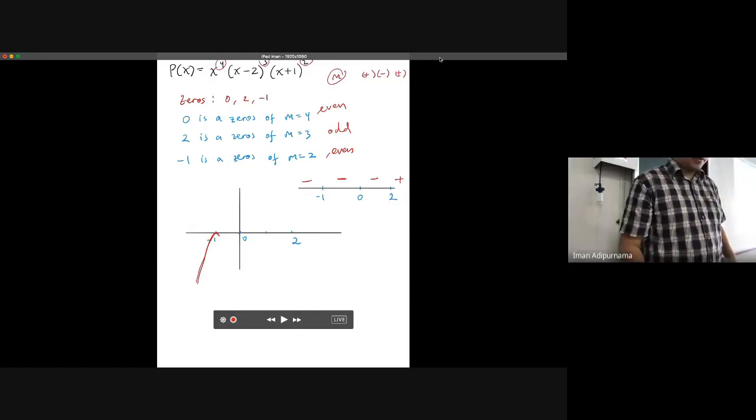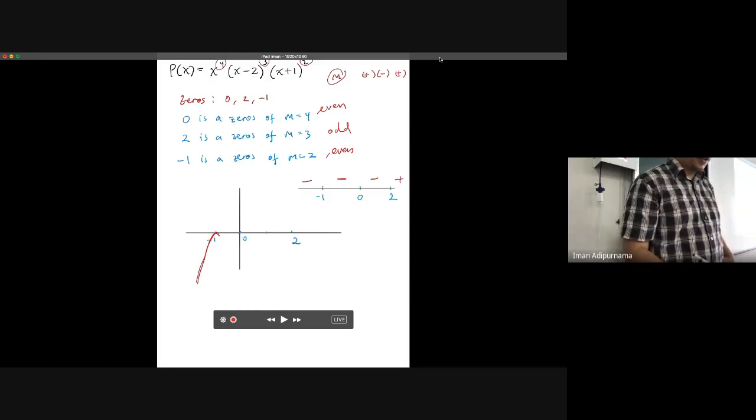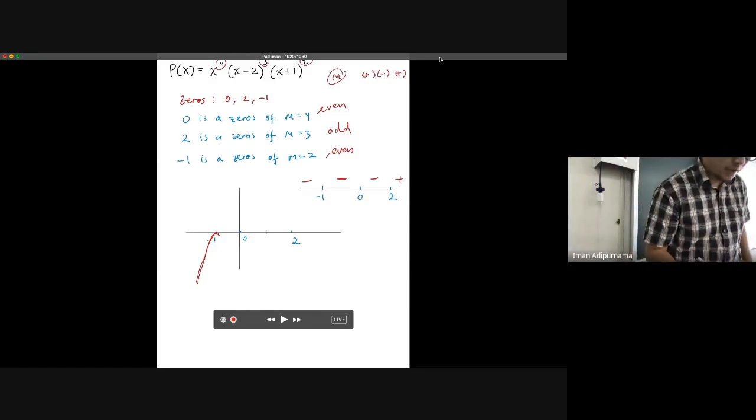So what will happen? You have negative, negative, positive, so your intuition is that it should be crossing at negative 1, right? But it's still in this negative sign.